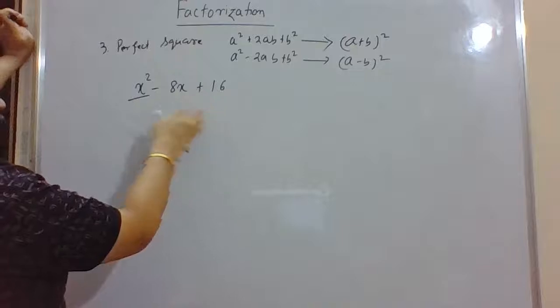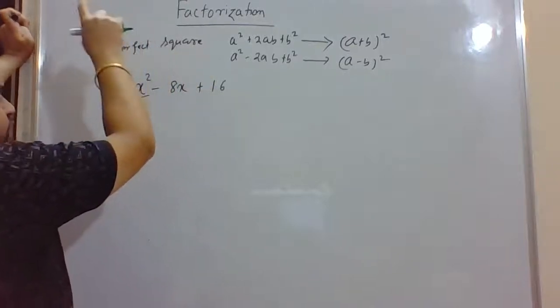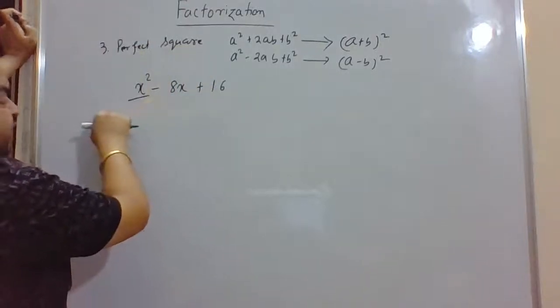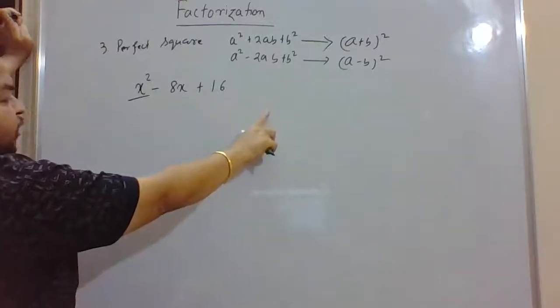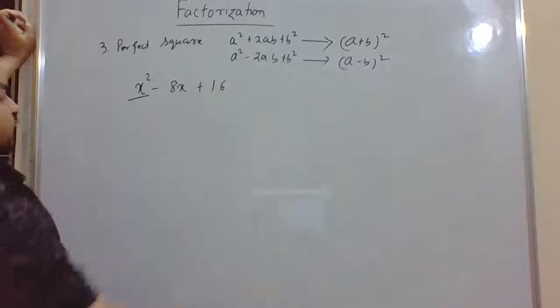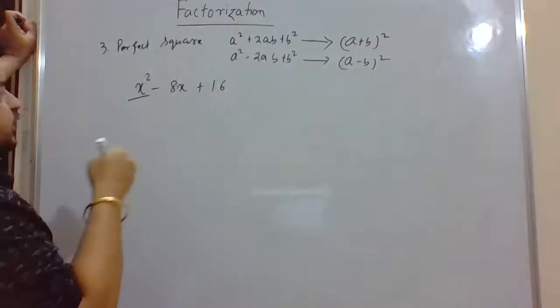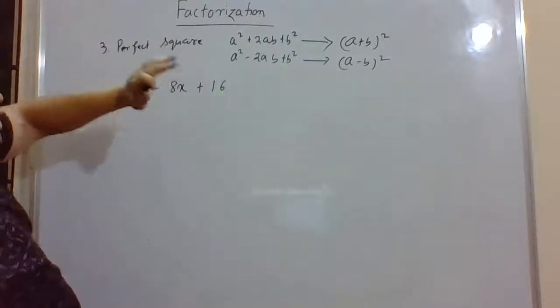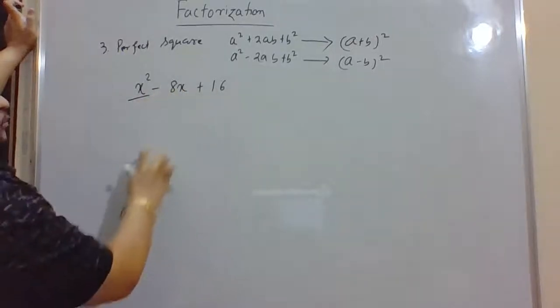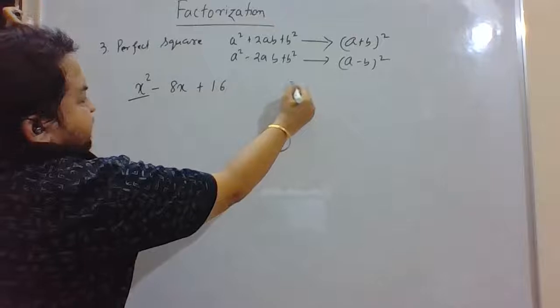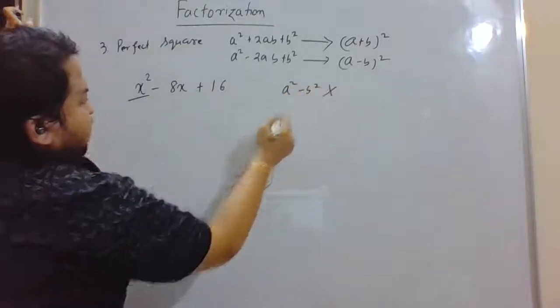But obviously that doesn't help, because let's try to find out if there is a common term across everything. There is no common factor across all the terms. So I would not use step one, and I would directly jump in to see which pattern it falls into. As I have three terms, obviously it cannot be in my a square minus b square format.